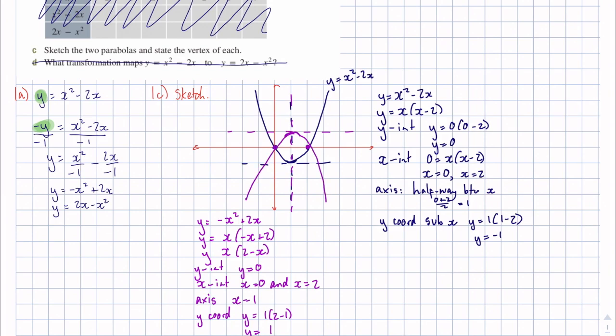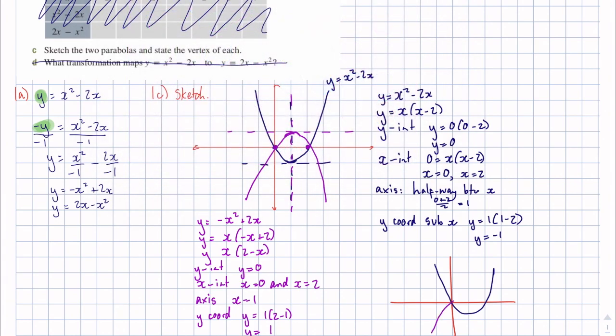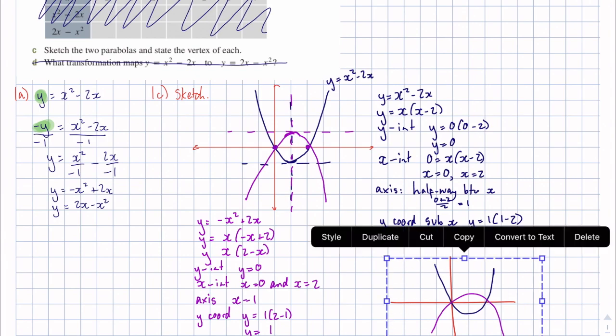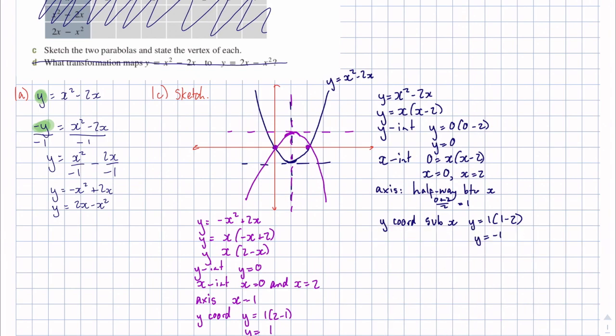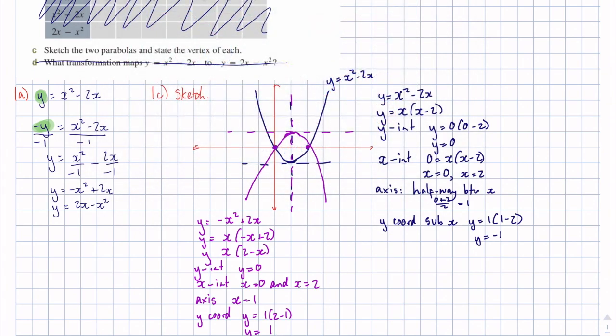And you can see pretty clearly now that this actually comes out as, and this is just a rough job, like that, and then the other one's just that one upside down. So it's been reflected in the x-axis, when it's upside down.